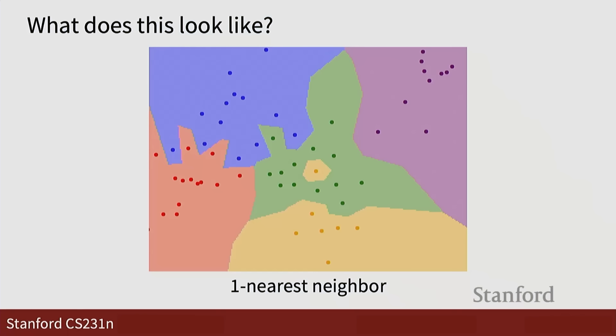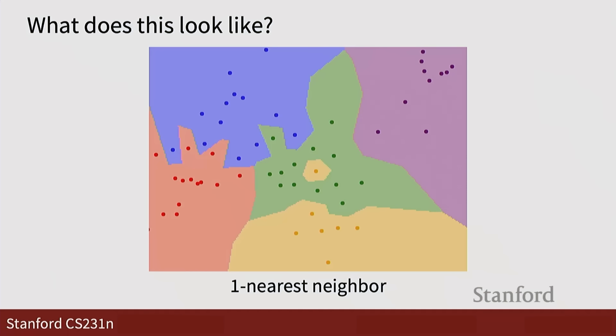So given this space that we have 5 classes of red, blue, green, purple, and yellow, and each dot represents one training sample in that class. If we partition the space for every single point, you see that we can create these partitions, let's say 5, or in this case 6 different partitions.